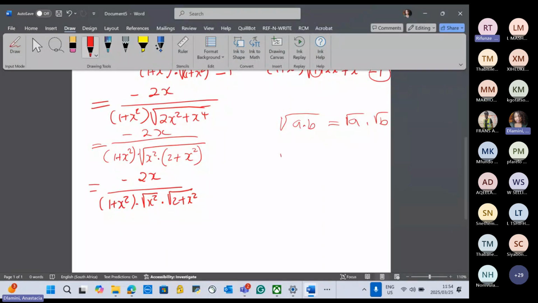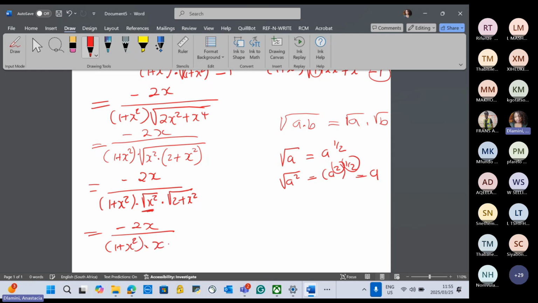And we know that the square root of a is the same as a to the power of 1 over 2. So the square root of a squared is equal to a squared to the power of 1 over 2. This times that is just equal to a. So this would just be equal to x, this part over here. So this is minus 2x over 1 plus x squared times x times the square root of 2 plus x squared.